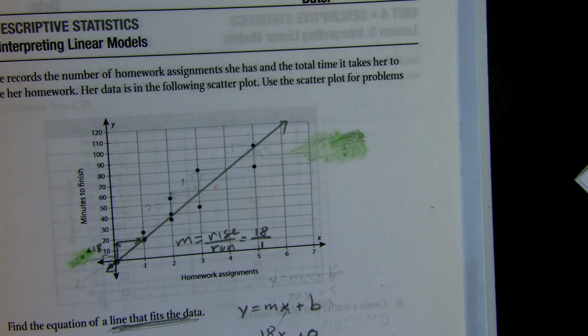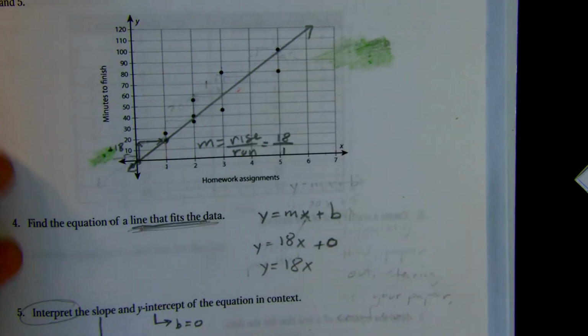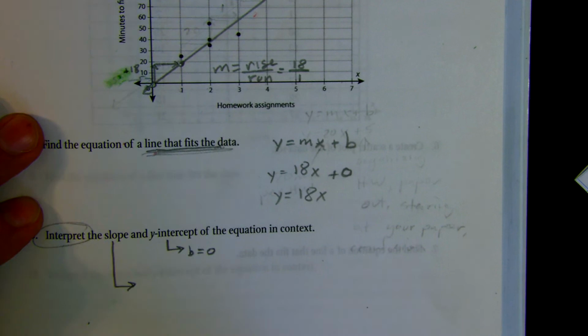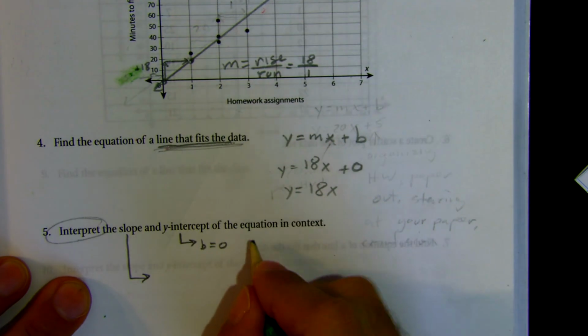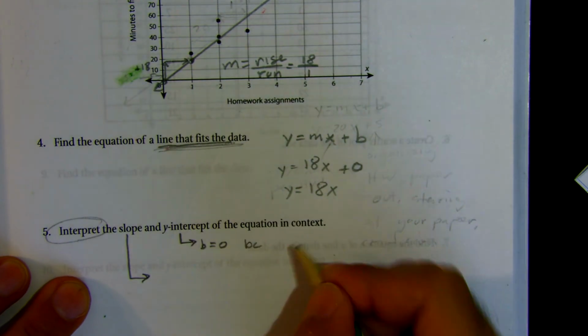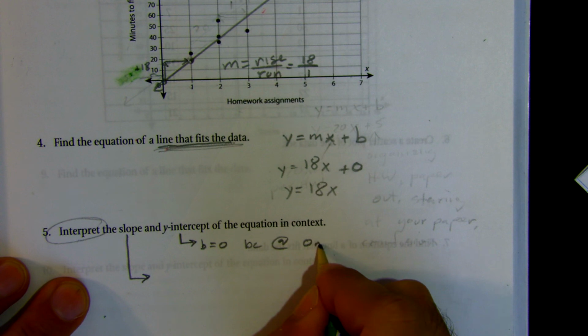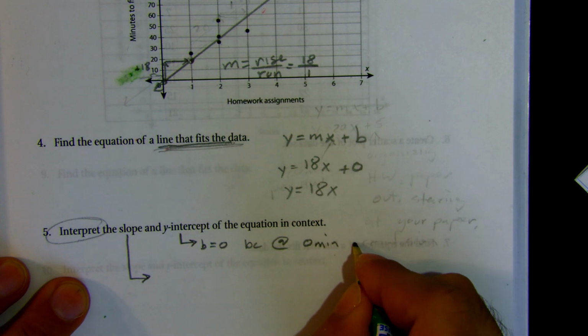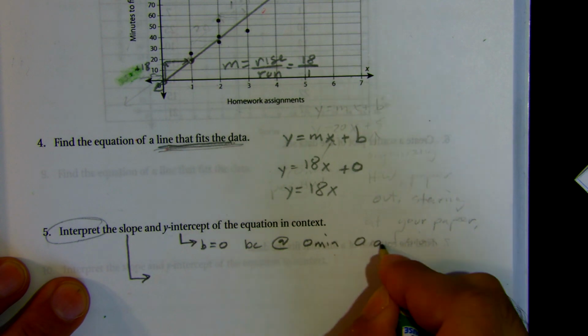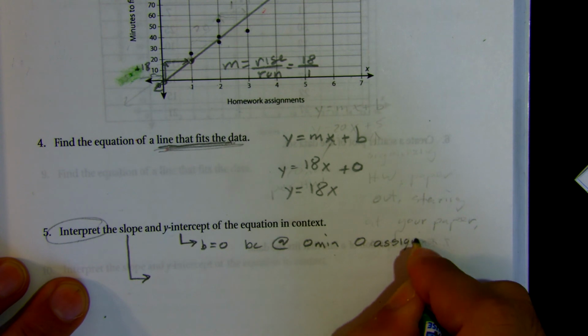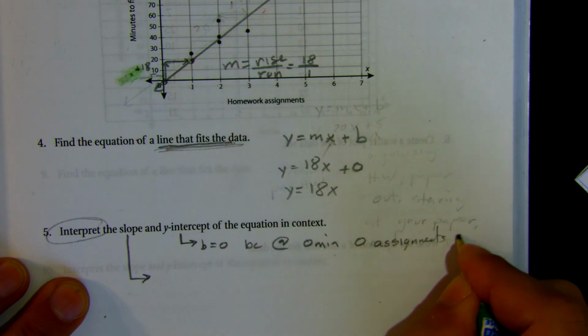Yep. Correct, Melanie. Perfect. So let's go ahead and write this down. B is equal to 0 because, right? At 0 minutes, 0 assignments completed.